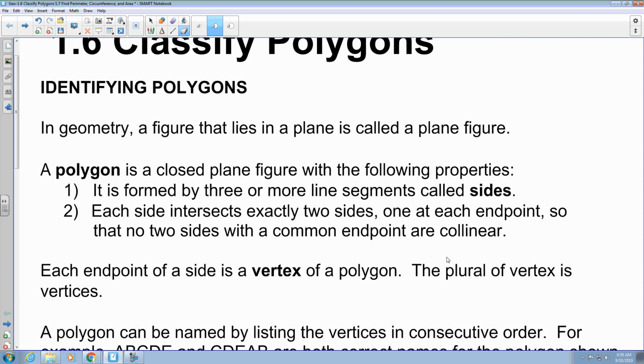So, we have this kind of a shape here. All of those line segments share endpoints, and none of the endpoints are collinear. Okay.